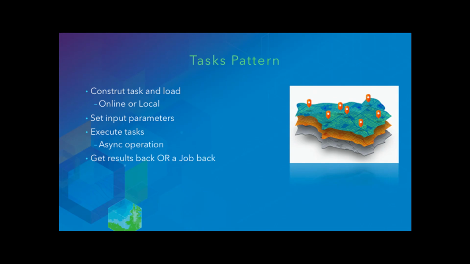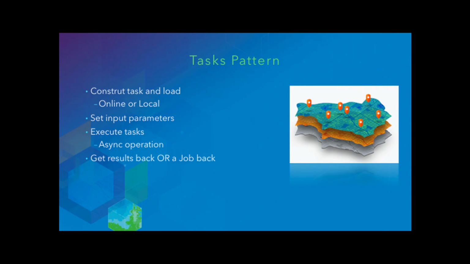Sometimes you get a job back, in which case you would listen. Jobs are basically async operations that run on server, and they are generally longer running. So you would wait for the job to complete before getting the results. We would take a closer look at jobs more in the upcoming sections.